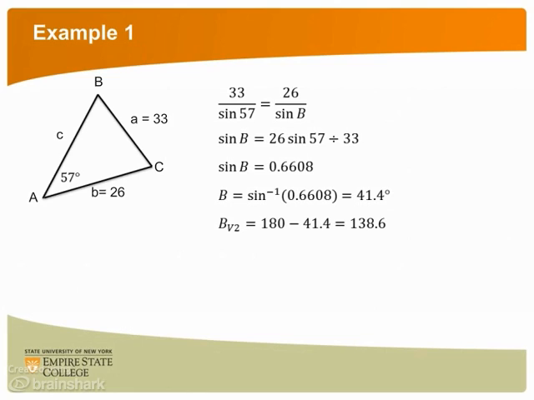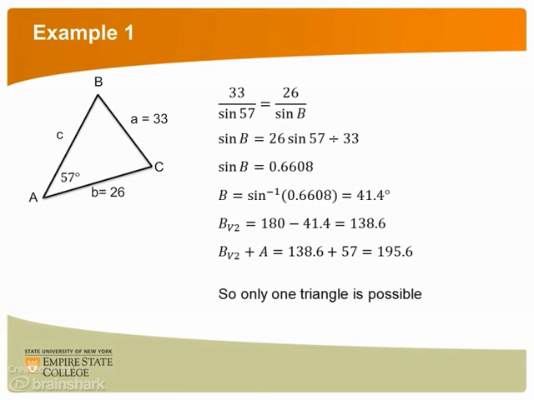138.6 degrees. To see if this second version of the triangle is legitimate, we add the second version of angle B to the angle we knew from the start, angle A. We have 138.6 plus 57, which adds to 197.6 degrees.